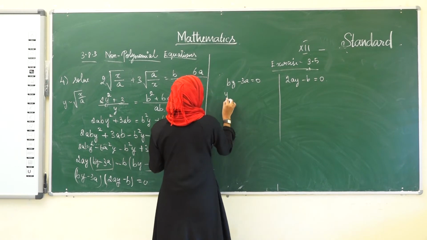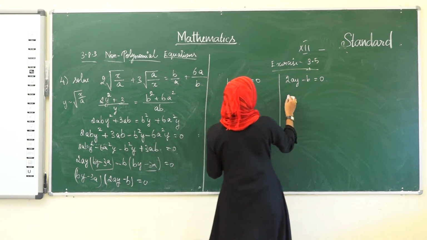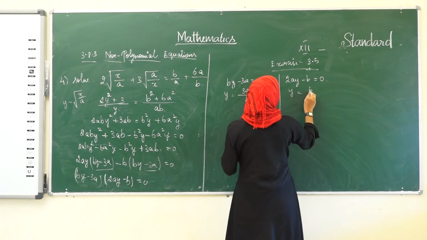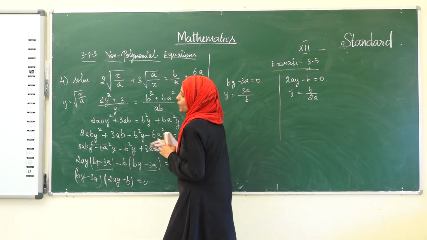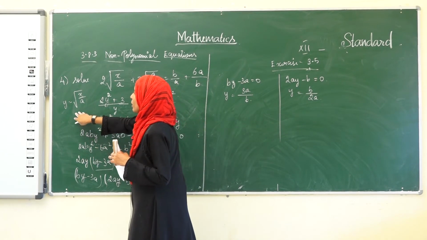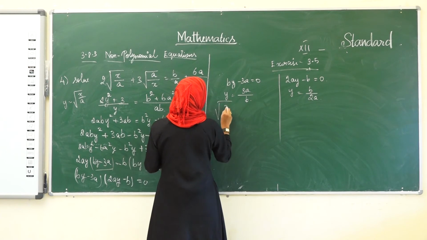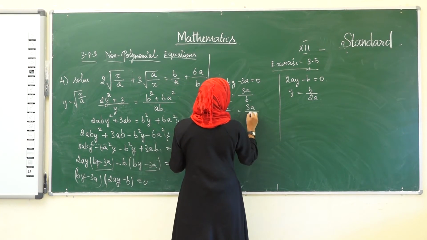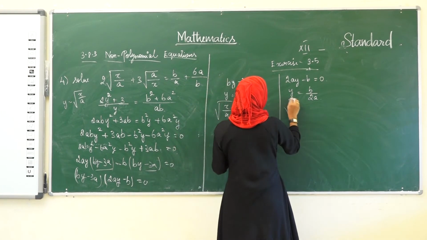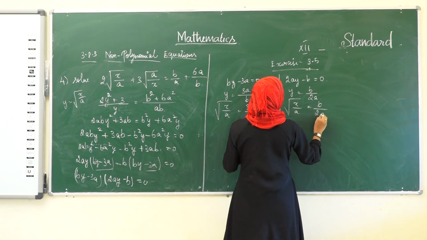So what's the value of y? y is equal to 3a divided by b, and here y is equal to b divided by 2 into a. What we have substituted? We have substituted the value of root of x divided by a as y. Therefore, root of x divided by a is equal to 3a divided by b, and here too root of x divided by a is equal to b divided by 2 into a.